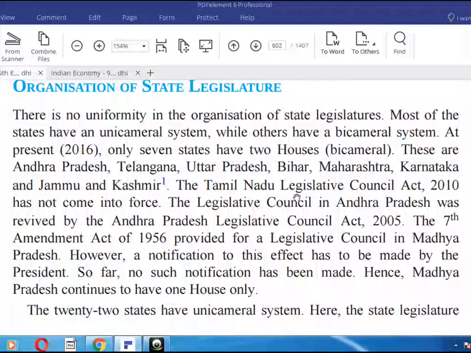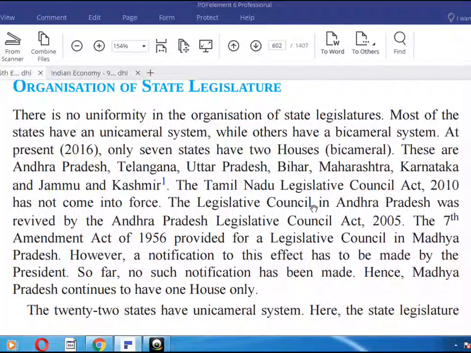The Legislative Council in Andhra Pradesh was revived by the Andhra Pradesh Legislative Council Act of 2005.